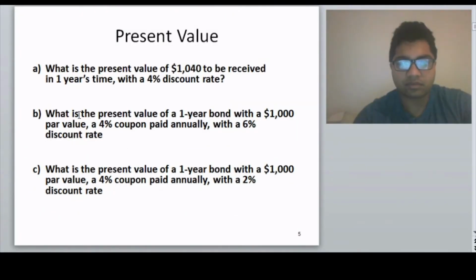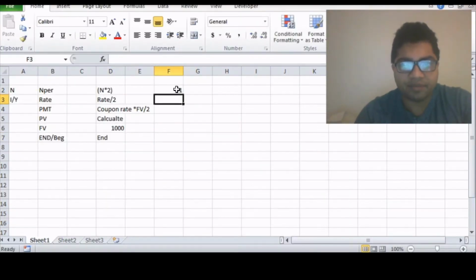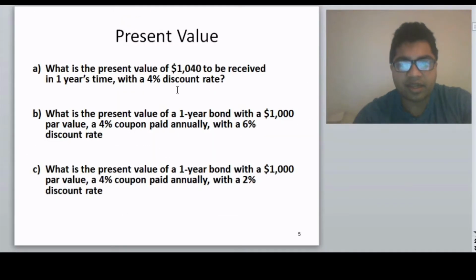So coming to this problem: the present value of 1040 to be received in 1 year's time with a 4% discount rate. In 1 year's time, the future value is 1040. They haven't given any PMT. The PV we have to calculate, and the rate is 4%.